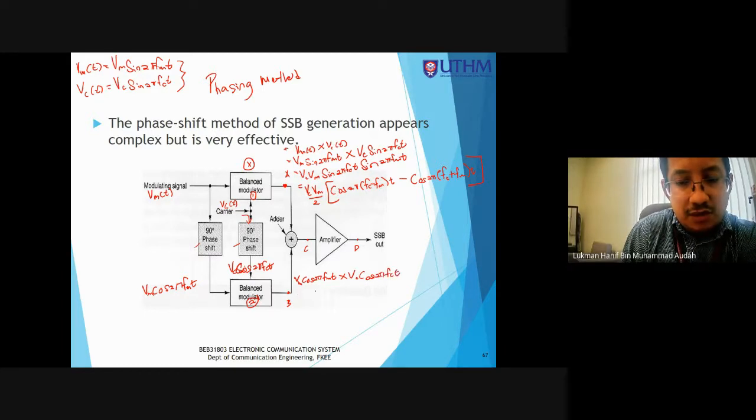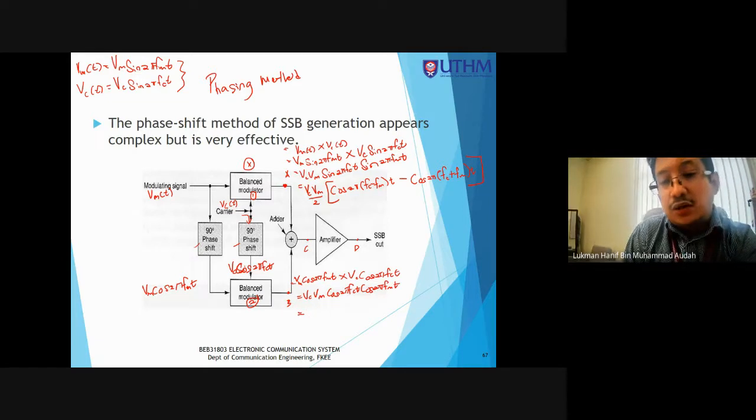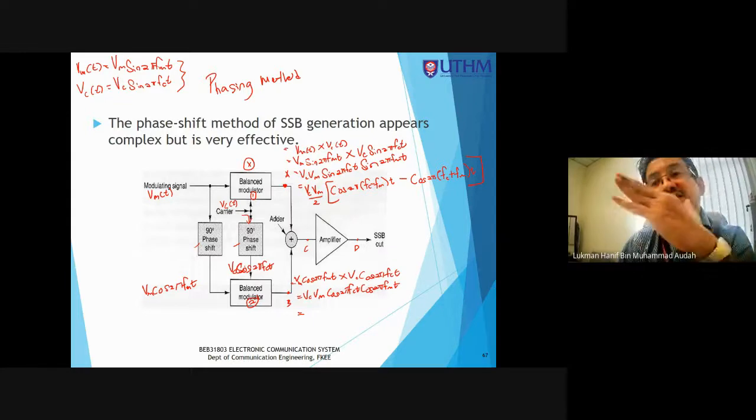Dan di sini kalau kita lihat Vc Vm cos 2 pi Fct cos 2 pi Fmt. So ni cos and cos, dalam trigonometry identity dia akan menghasilkan cos plus cos.